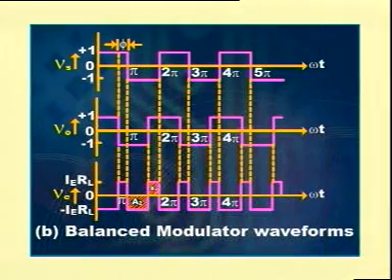Now, when input signal is square wave and VCO signal is also square wave, then we get the error voltage, that is phase detector output voltage waveform, as shown in figure. Here, average error voltage can be written as 1 by pi into area A1 plus area A2 as shown in figure.